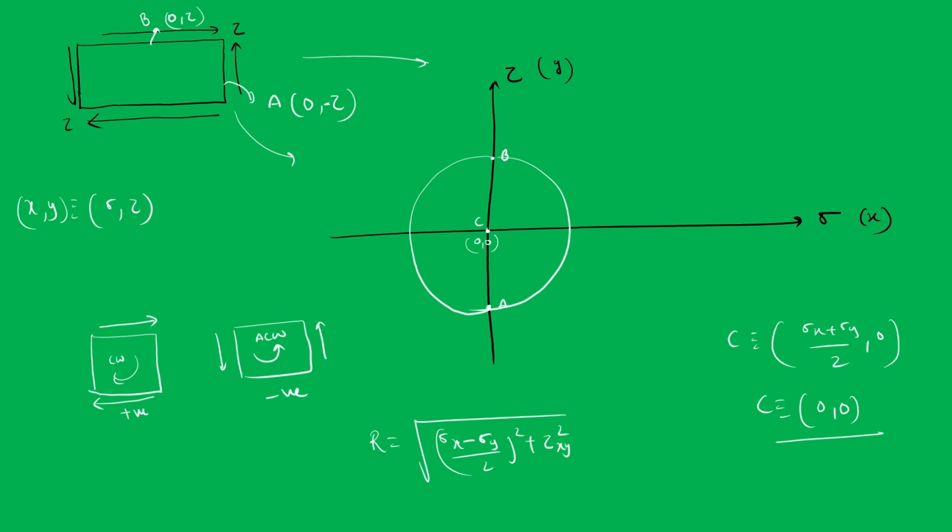Sigma x and sigma y are 0, so what will it be? 0 plus tau square, so we have tau whole square, and that will be tau. So this is your radius. Radius is tau. And of course, even by looking at the picture, you can see this is my radius.